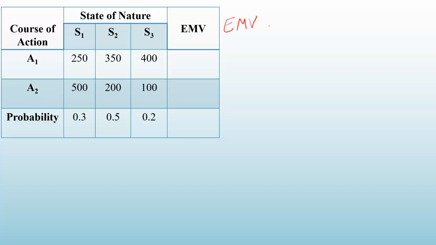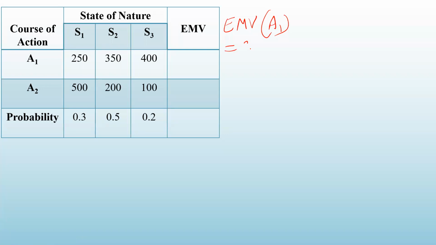EMV of A1. How will you calculate? Look at the figure, the row of A1. What are the payoffs? 250, 350, and 400. And what are the probabilities? 0.3, 0.5, and 0.2. So multiply this payoff with the probability.